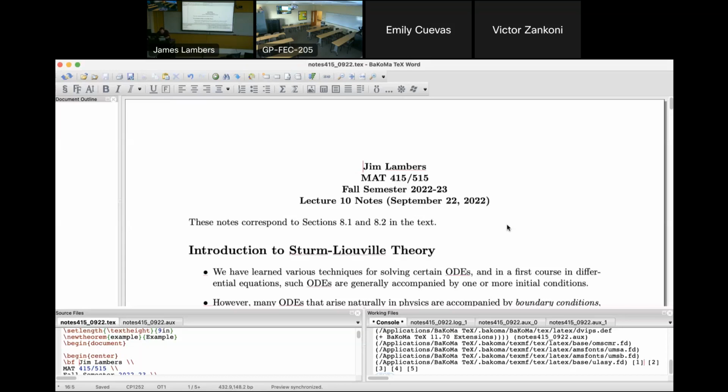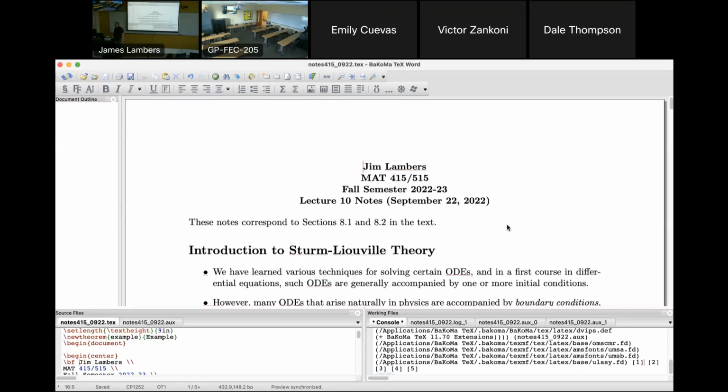All right. So you begin with what's called Sturm-Liouville theory, which deals with certain problems called eigenvalue problems. Now, you've likely seen eigenvalues before in a very different setting, dealing with matrices.